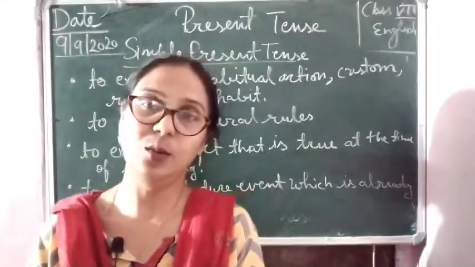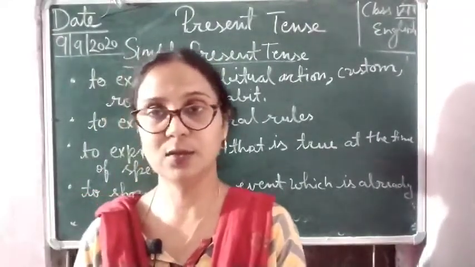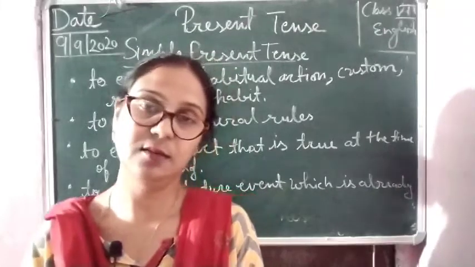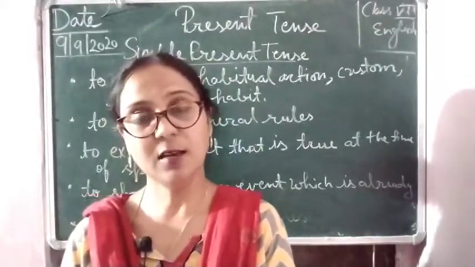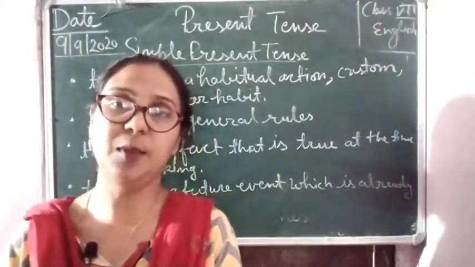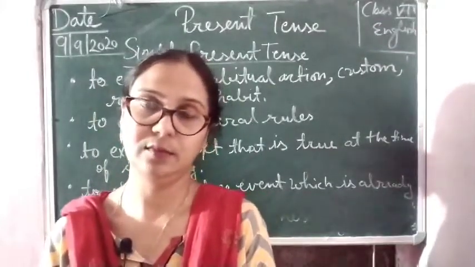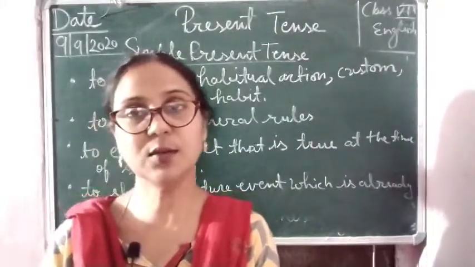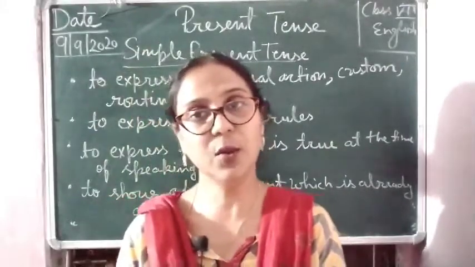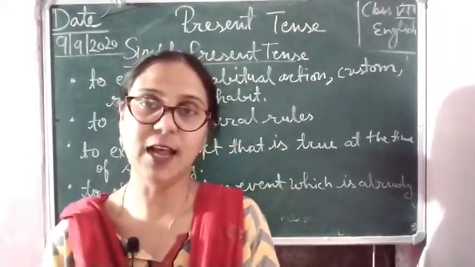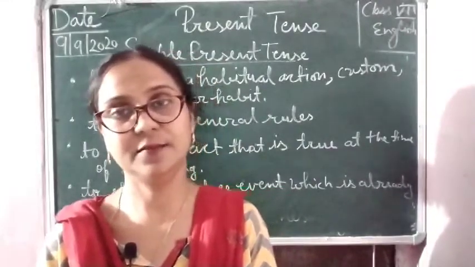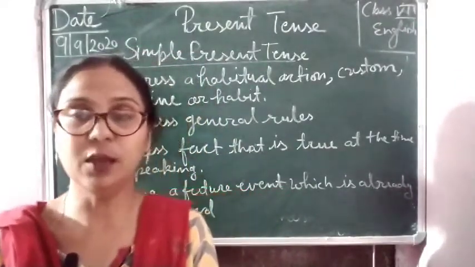As you all know, present tense denotes that an action is done or takes place in the present, or now. It also denotes what is going on today, what we are doing.